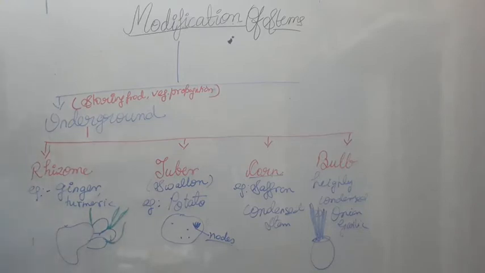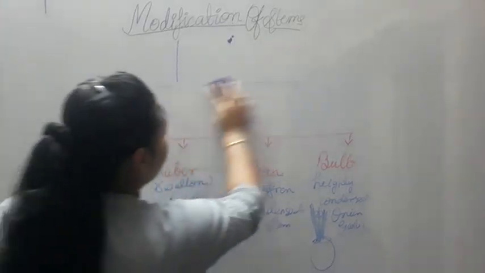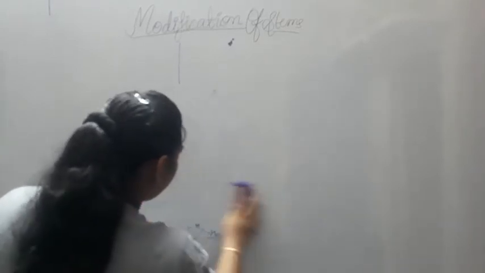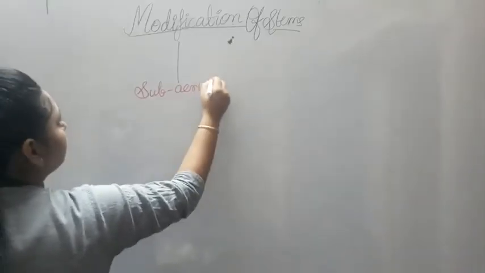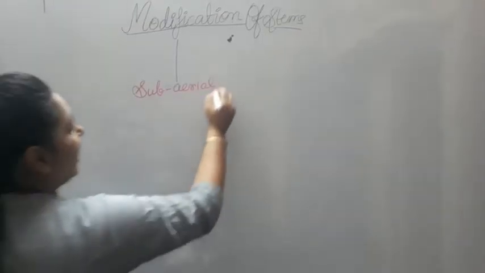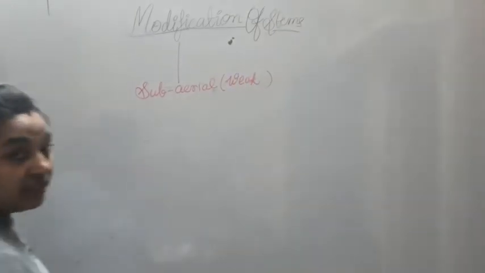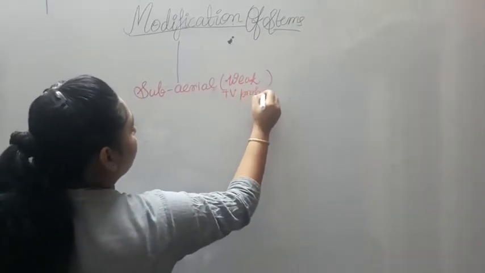Now we have to see the subaerial one. The stems which have got modification as the sub-aerial stem are actually very weak. Because they are weak, let me write here: subaerial, okay, and they have weak parts, and they are meant for vegetative propagation.